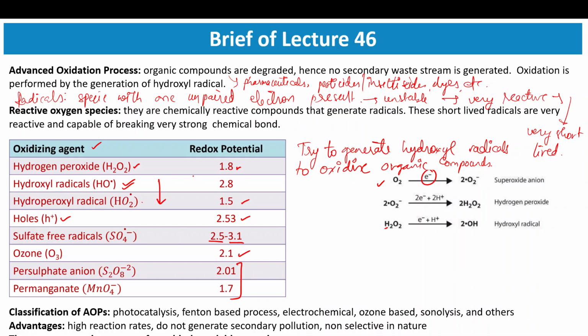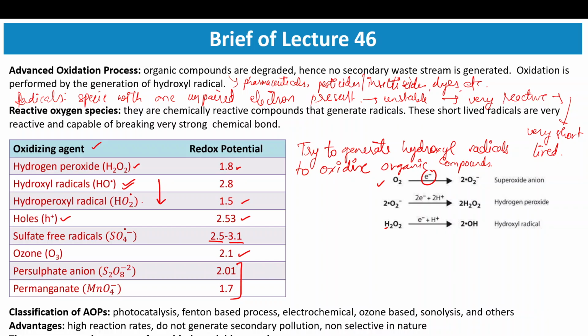So we try to generate hydroxyl radical, and there are a few more oxidizing agents also, including hydrogen peroxide, hydroperoxyl radical, and ozone, which we will be utilizing in some form or the other, so that we can have the radical formation to oxidize the organics.